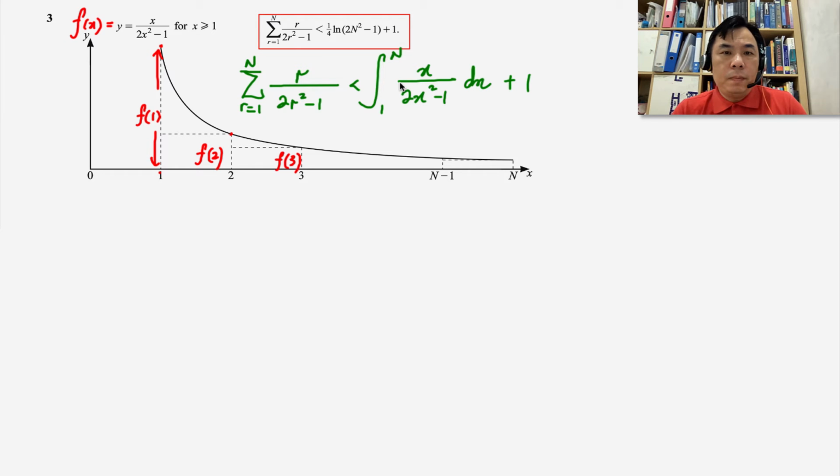First of all, I'm going to show you how to obtain the integration. This is the main section that we're going to tackle, because once you manage to integrate this, then you will be able to prove that particular inequality. So we're going to consider this integration here.